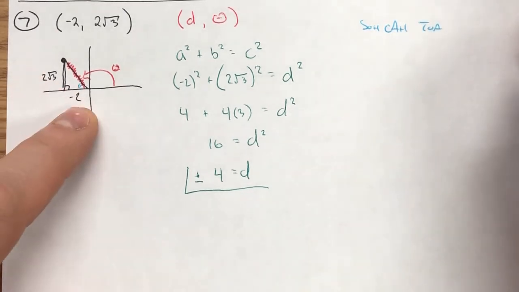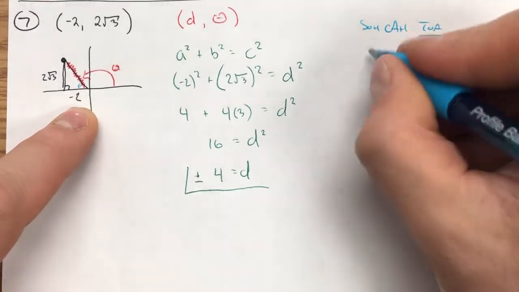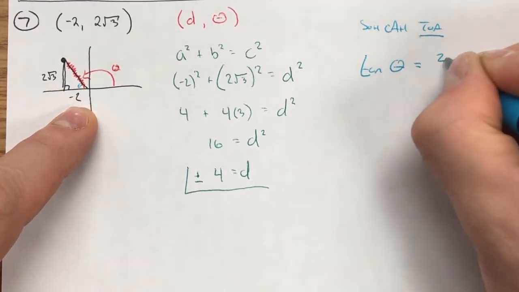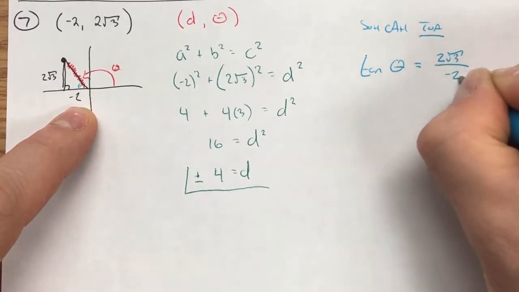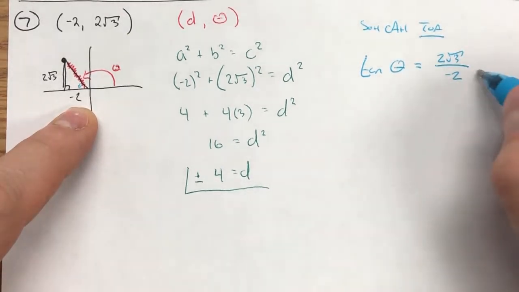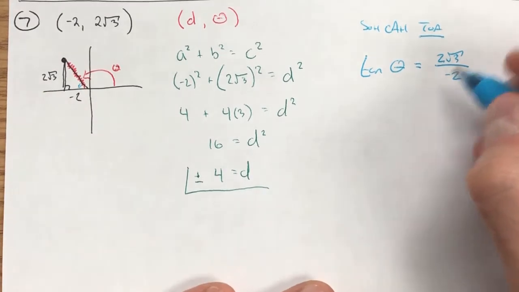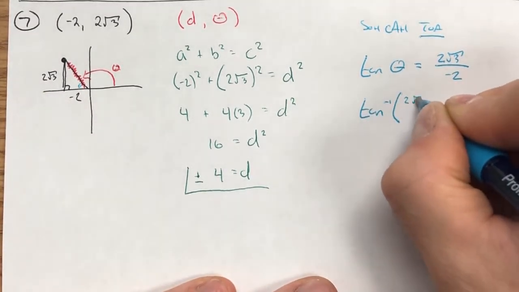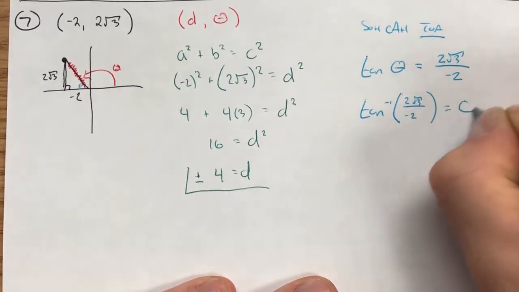That's going to be opposite over adjacent, so I'm looking at tangent. The tangent of this angle is going to be 2 root 3 over negative 2. So in order to pull out that theta, I'm going to have to invert this. The inverse tangent of 2 root 3 over negative 2 is going to give me that angle measure.